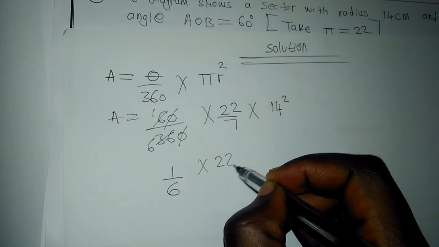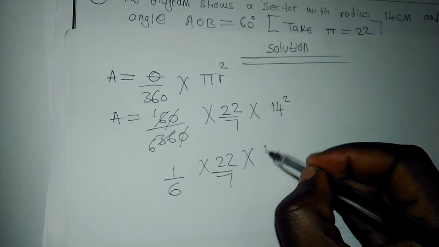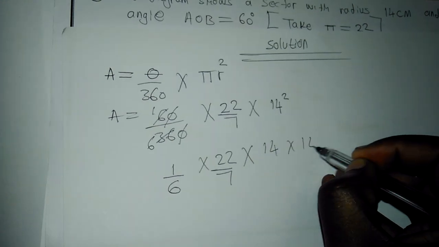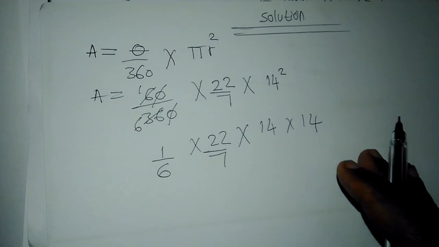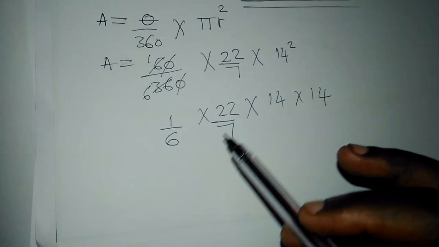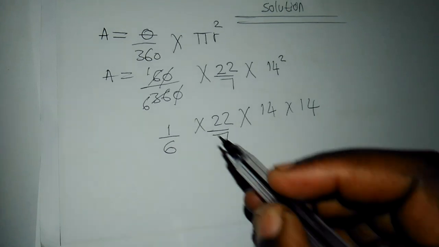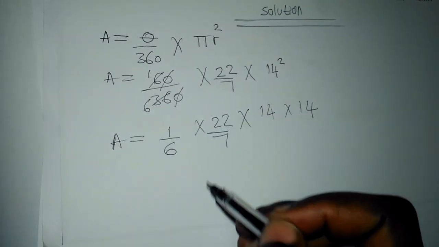Then times 22 over 7 times 14 power 2, which is 14 times 14. When we reach this stage, we have to identify the numbers we can reduce.